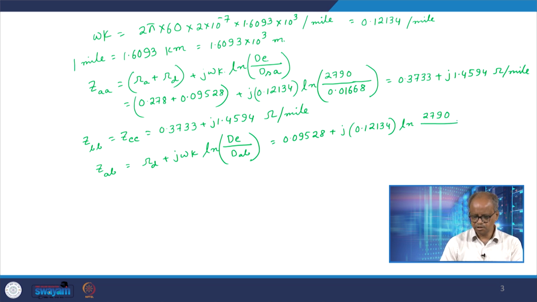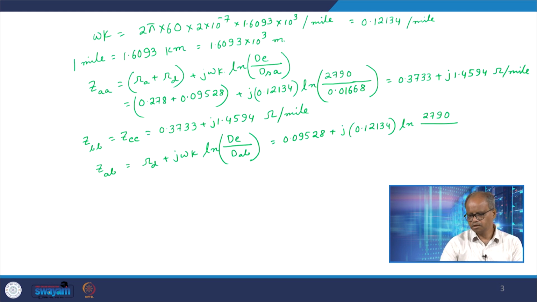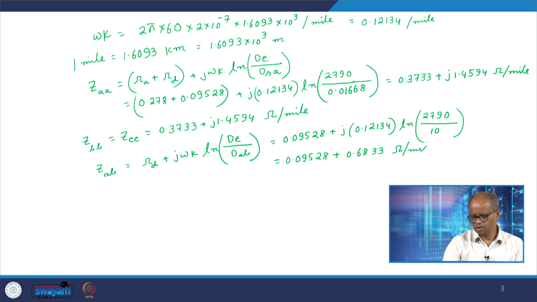DAB is the distance between phase A and phase B, that is 10 feet, that is given. So it is 2790 by 10. It will come out to be 0.09528 plus j 0.6833 ohm per mile.